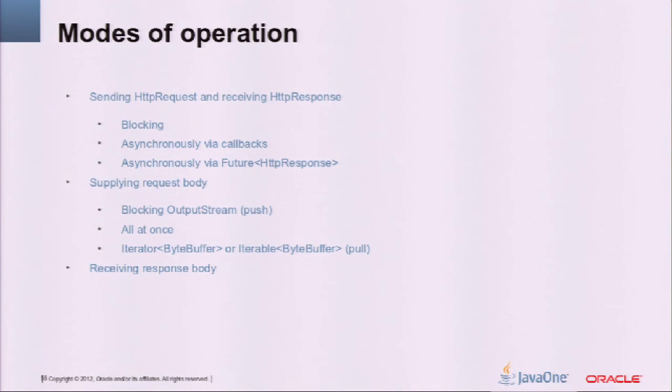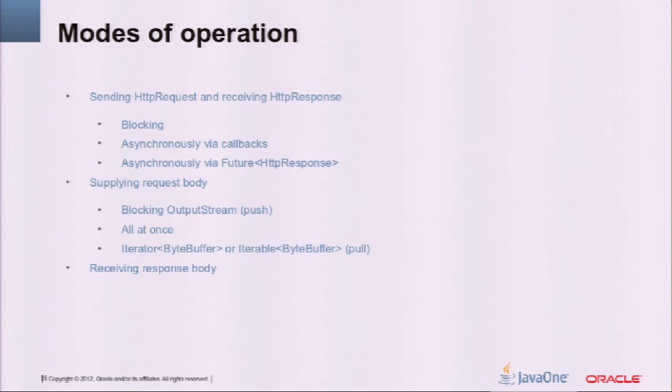Then second, there's a so-called all at once mode, and all that means is that the application will provide the entire request body in a byte array or an array of byte buffers. And then thirdly, we have our so-called pull mode, which uses either Iterator<ByteBuffer> or Iterable<ByteBuffer>. I'll explain the distinction between those two types later on.